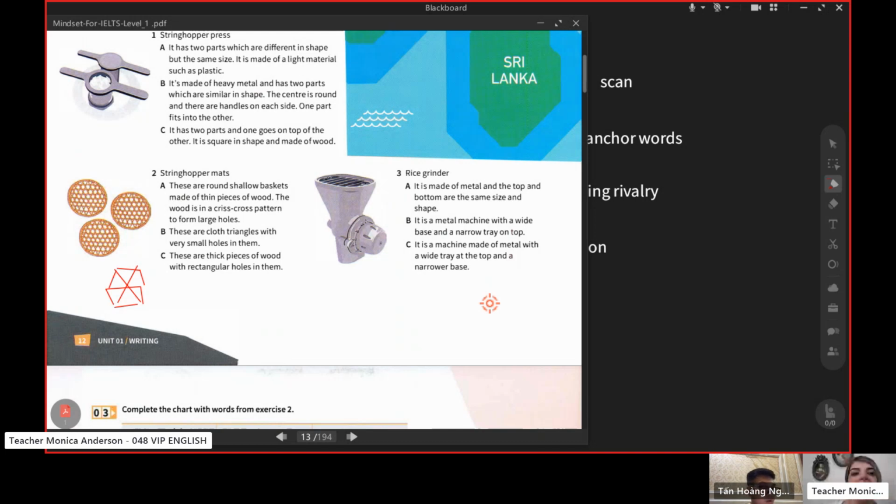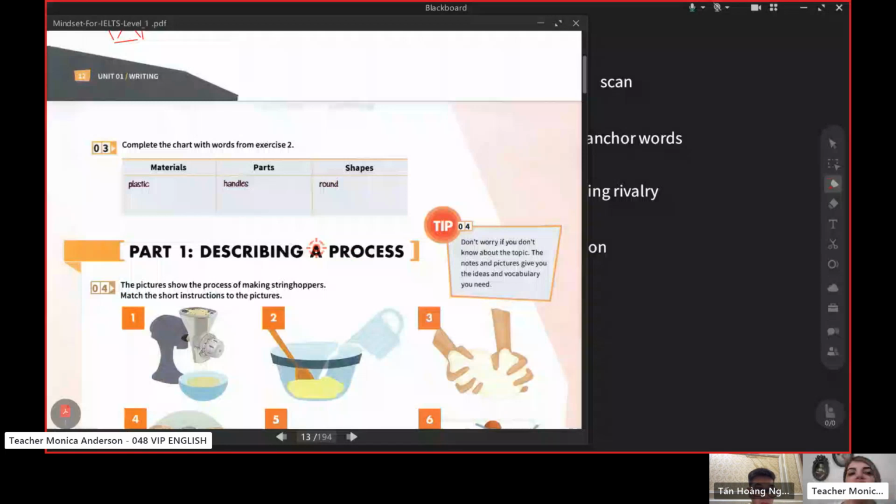Well, now let's complete the chart with words from exercise 2: materials, parts, and shapes. You need to find words related to these three columns. So which one can be a material? Let's get started with part A. Let's find materials. I think metal.